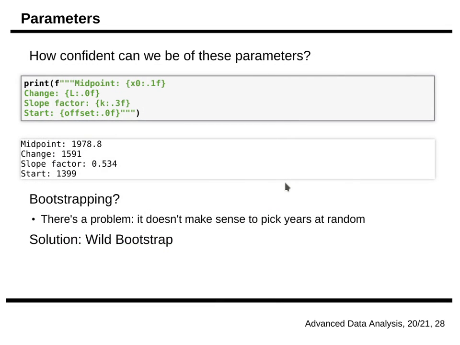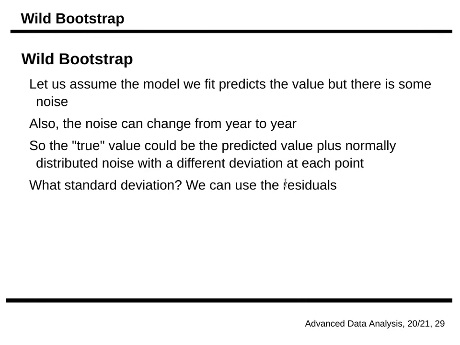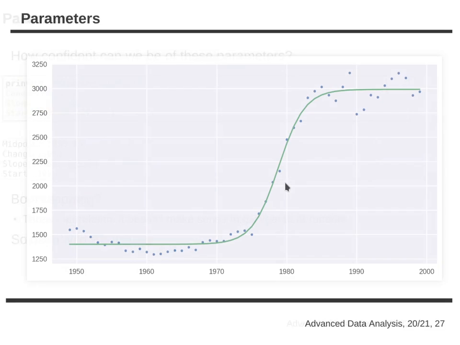One solution for this is called wild bootstrap, and this starts with the assumption that the model we fitted is predicting the value, but there is some random noise, and this noise can change from year to year. You can actually see that here.